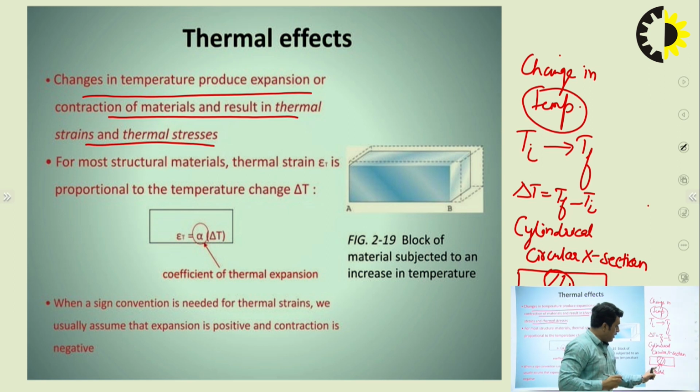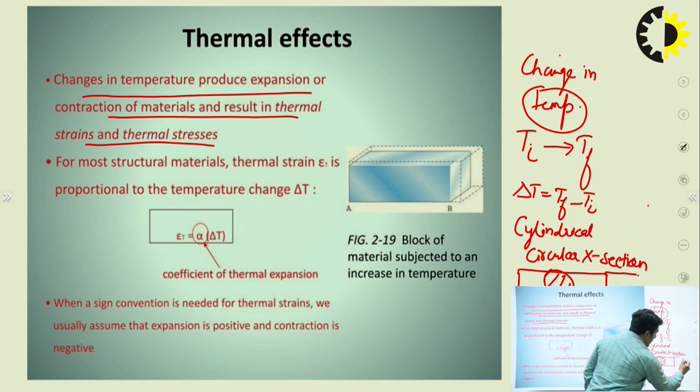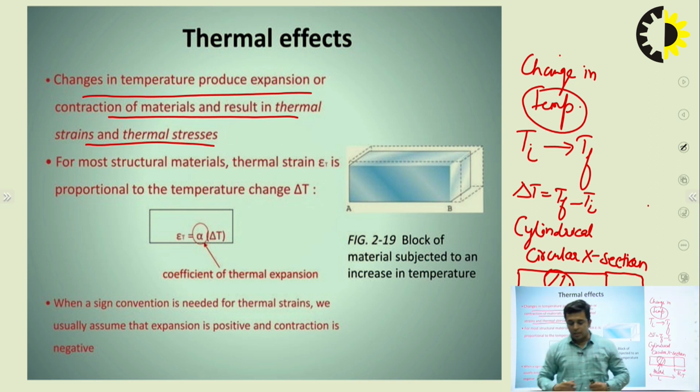Now, if I have heated this body and the cylindrical body has length L, after heating its length changes by delta LT. This is delta LT, means change in length due to temperature.